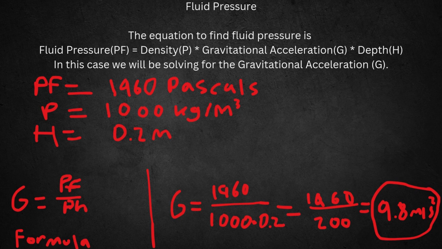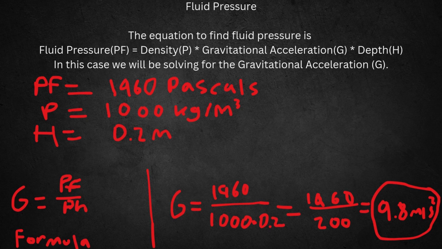On the bottom left, again, we can see a formula to find the gravitational acceleration, which we are solving for. Basically, you have to divide fluid pressure by density times depth. Now we're going to be solving it on the right.